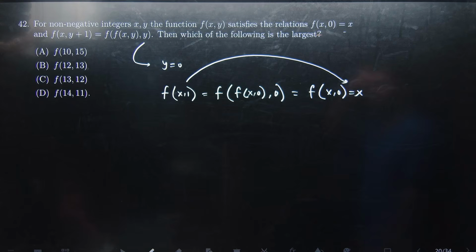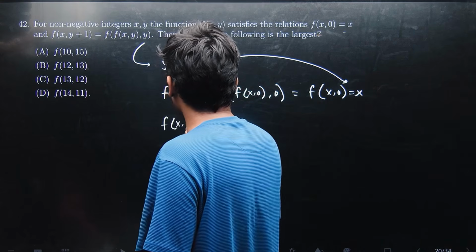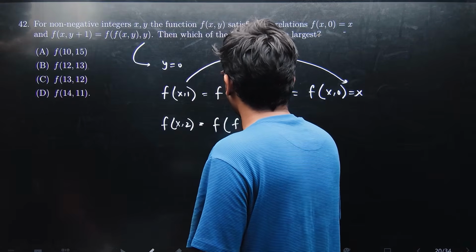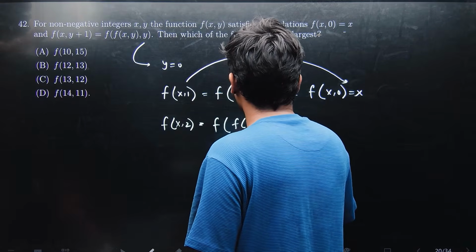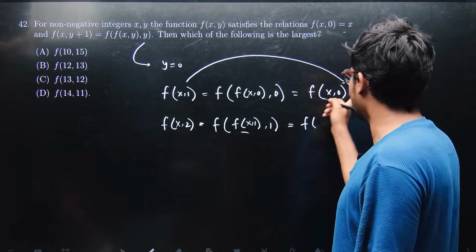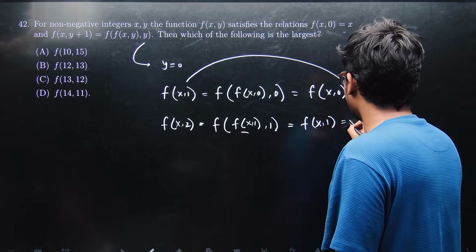Okay. If I look at f(x, 2), now what will I do? I'll put y equal to 1 now. So if I put y equal to 1, I'll get f(f(x, 1), 1), and that should be equal to f(x, 1), which we just proved is x. And that is also equal to x. And so on and so forth.